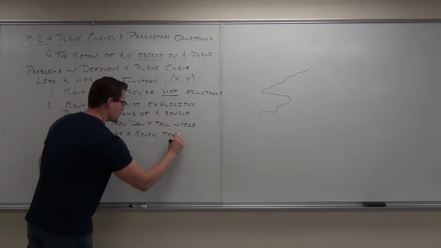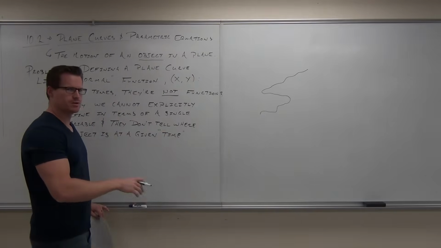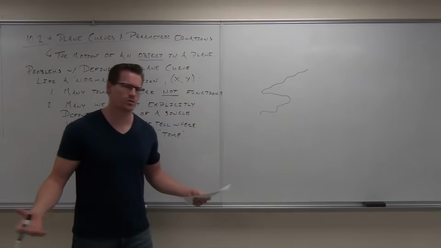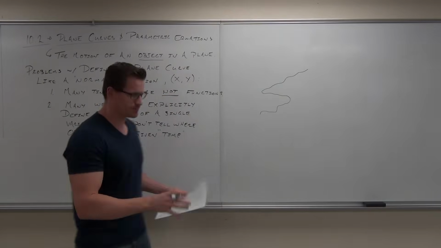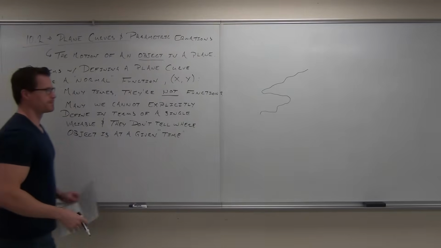I'm going to use time loosely here. Given point, if you want to say, given whatever. We use the word time because parametric equations, I'm going to say this in a little bit, are kind of thought of in terms of time. We'll talk about that.